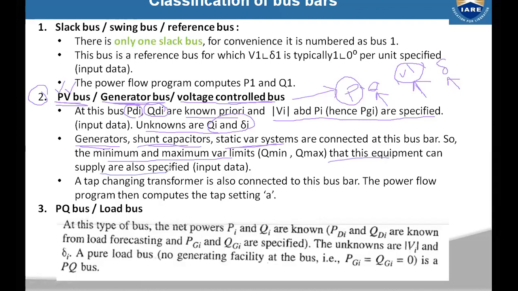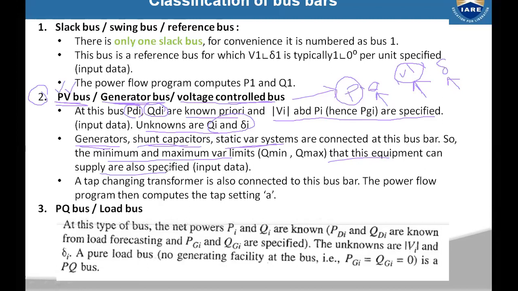So at a generator bus, you are not only connecting the generators, but shunt capacitors and static VAR systems are also connected along with the generator. What these shunt capacitors and static VAR systems will do is improve the reactive power. That means they will supply the reactive power.